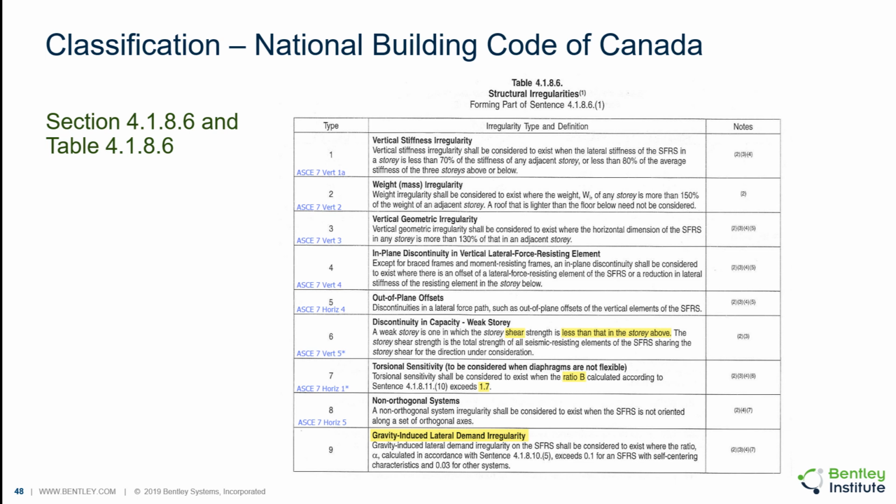Note that there is nothing analogous to the ASCE 7 horizontal type 2 or 3 irregularities, nor does it classify any as extreme. The Canadian Code does have type 9 gravity-induced lateral demand irregularity, which is unlike anything in ASCE 7.